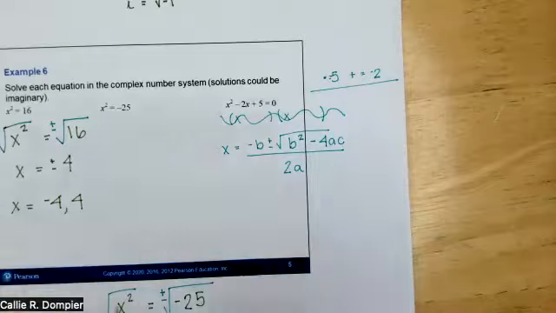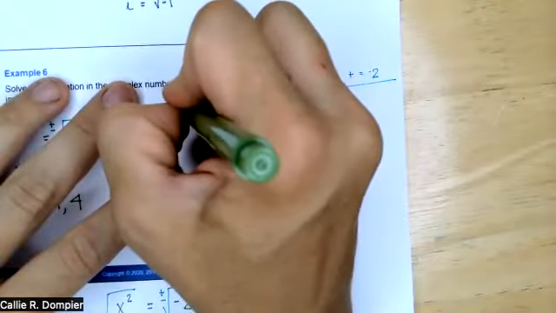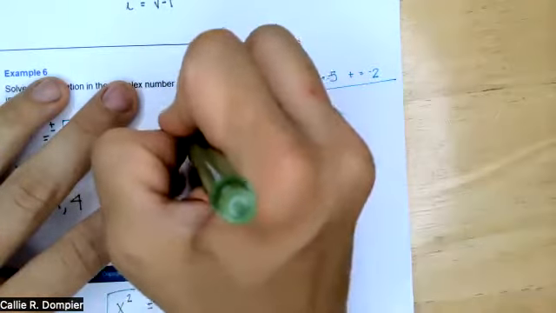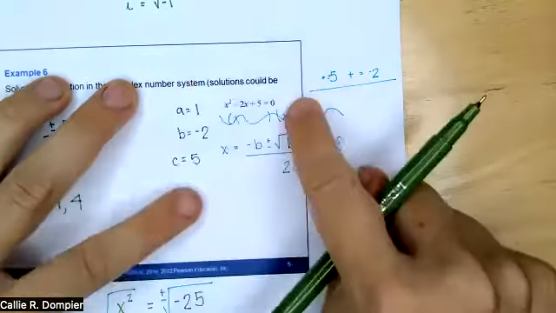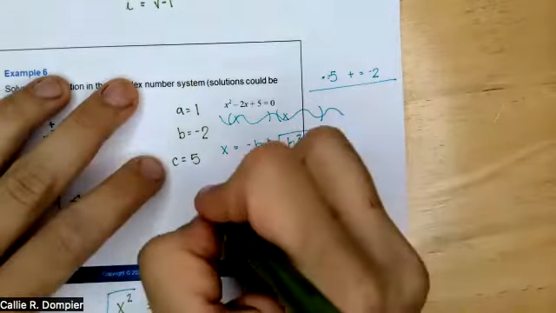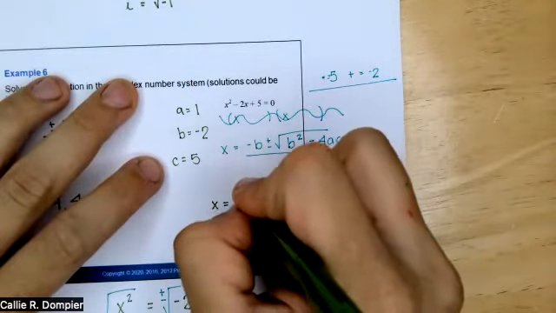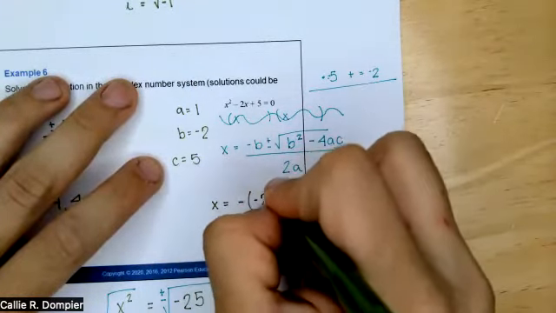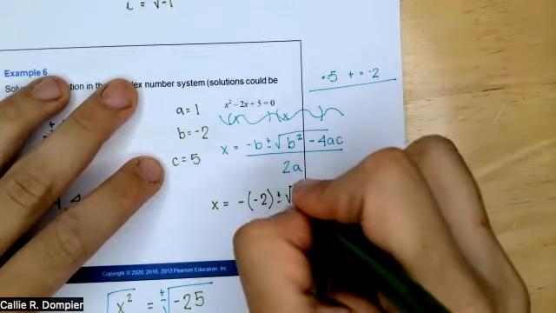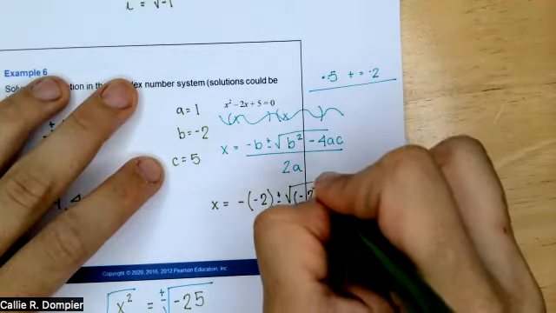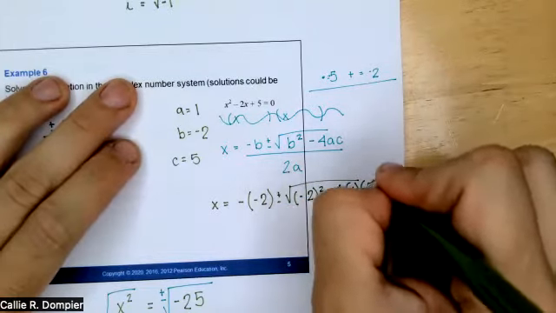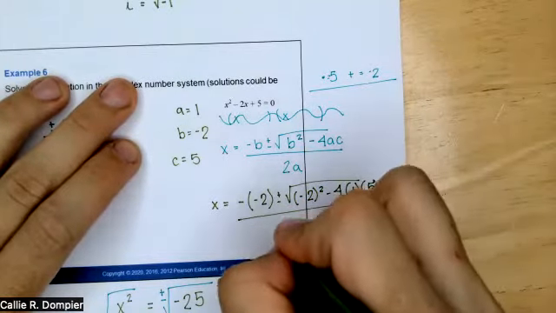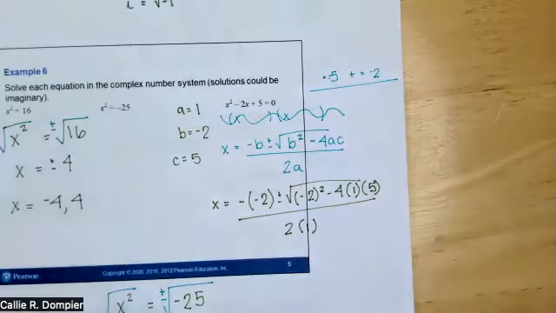All right, we will now substitute. a was 1, b is a negative 2, and c is a positive 5 from over here. x equals negative 2 plus or minus the square root of negative 2 squared minus 4 times 1 times 5, over 2 times 1. Good?